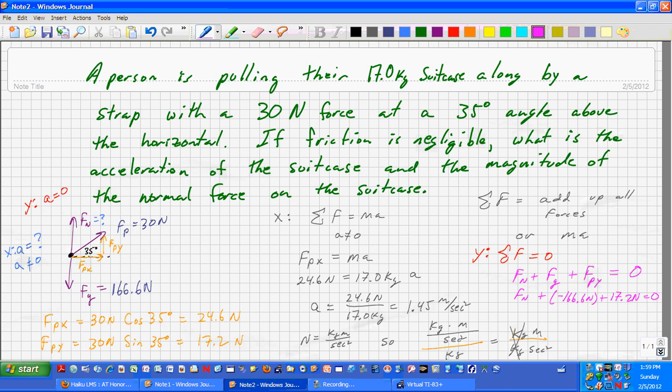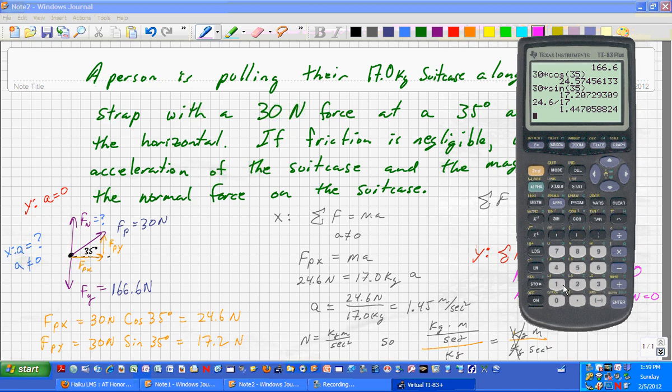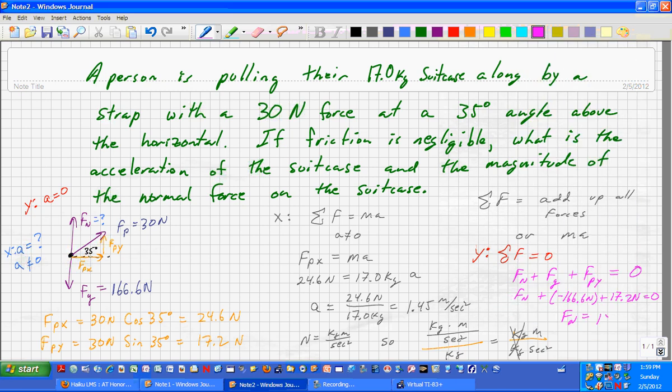So that means F normal is going to be equal to 166.6 minus 17.2, 149.4 newtons. So there are my two answers.